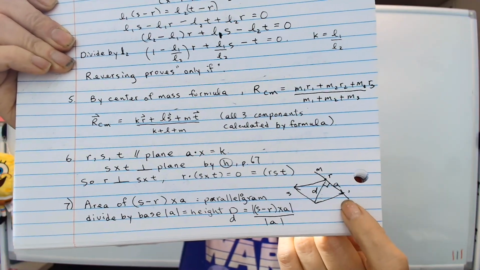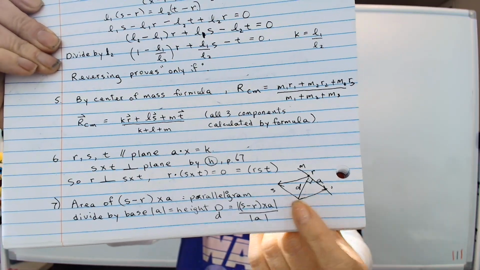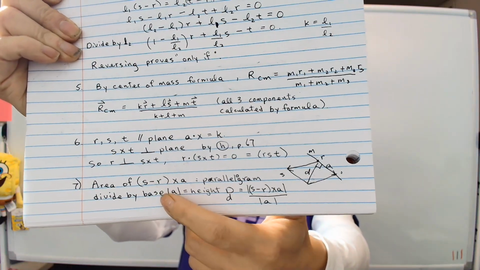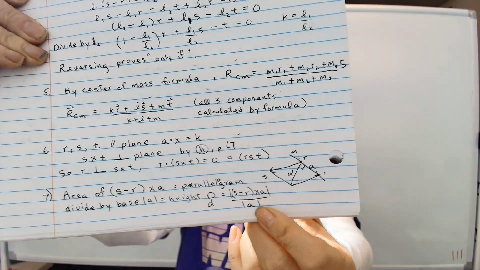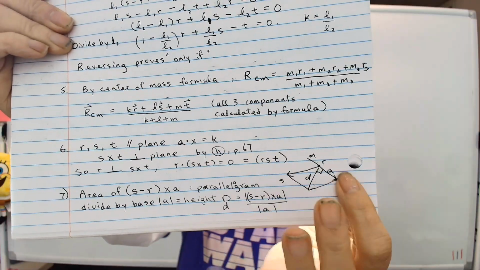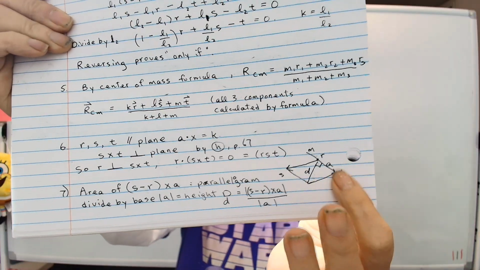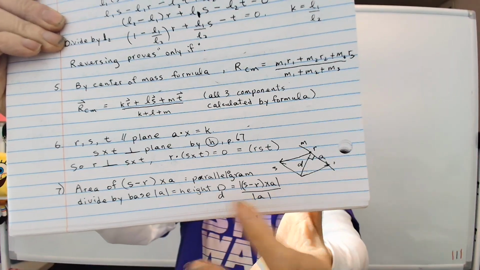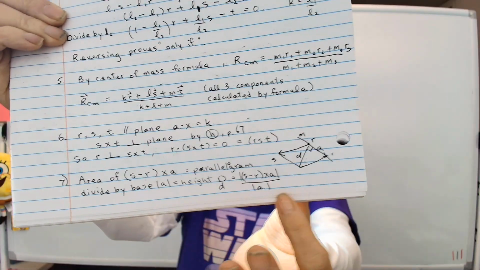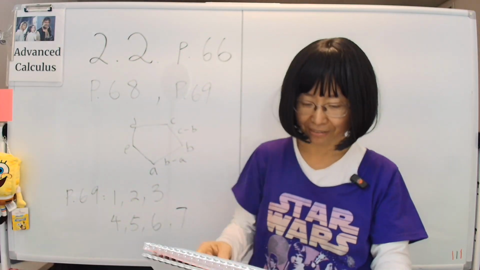Together with A, which is the direction of the line, we will form a parallelogram whose area, of course, is the absolute value of S minus R cross A. If we divide it by the magnitude of A, which is the base, it will give the height of the parallelogram. So the height D would be equal to the cross product divided by the magnitude of A, and that is the formula.